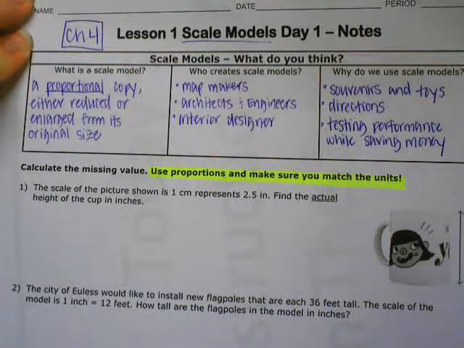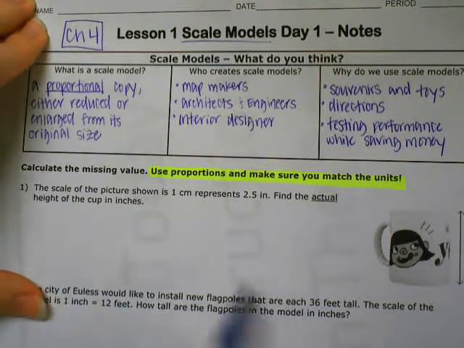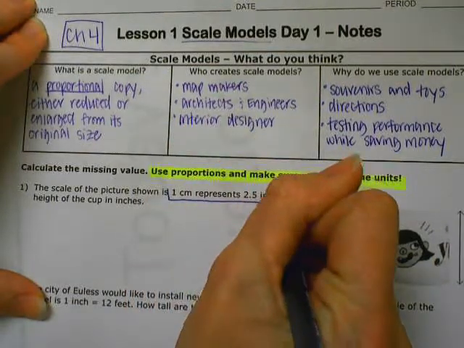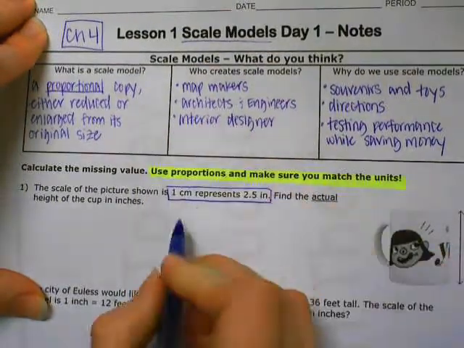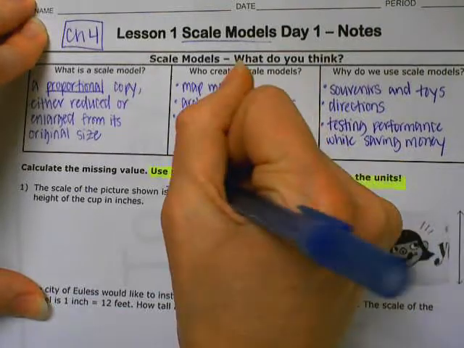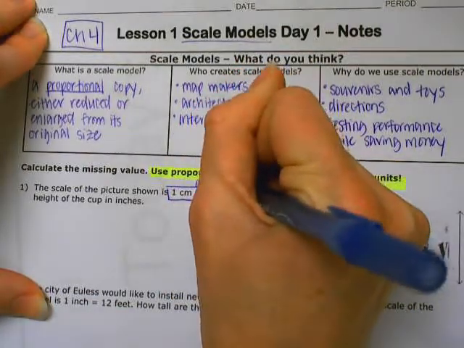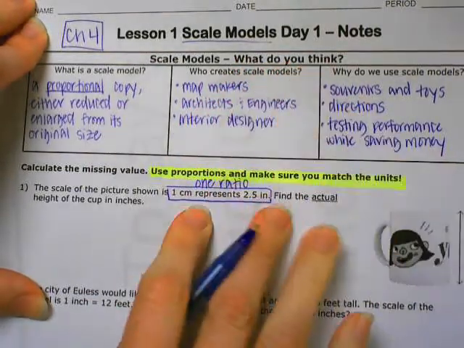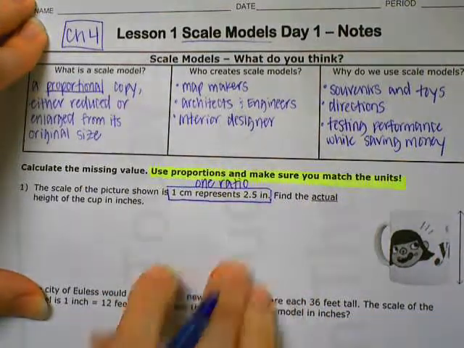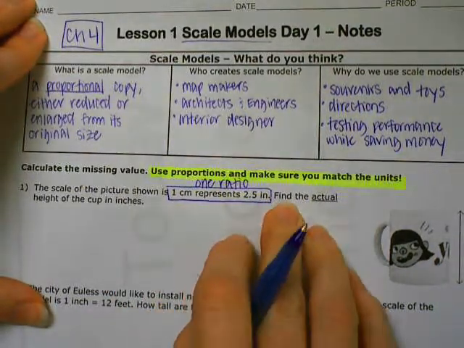That's what we've been doing for about a month now, it feels like. So number one, the scale of the picture shown is 1 centimeter represents 2.5 inches. Maybe y'all remember that I used to box this and say 1 ratio. These two numbers are together. I need to show them as 1 ratio.